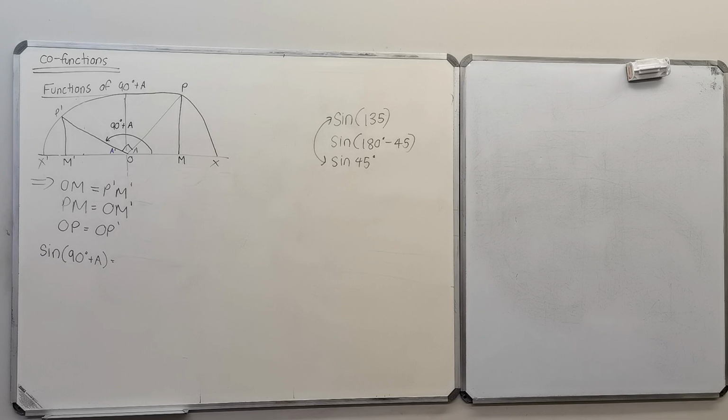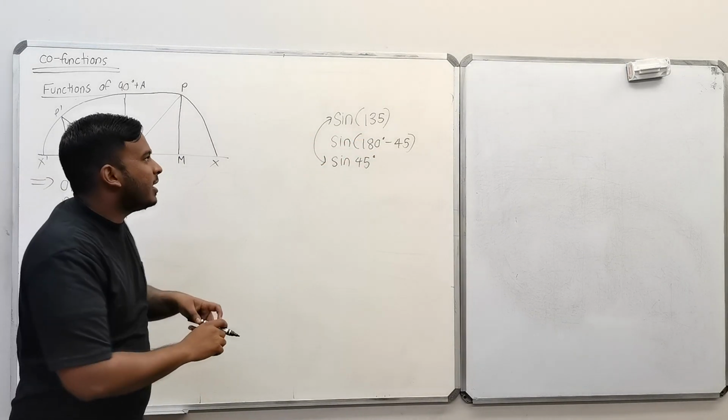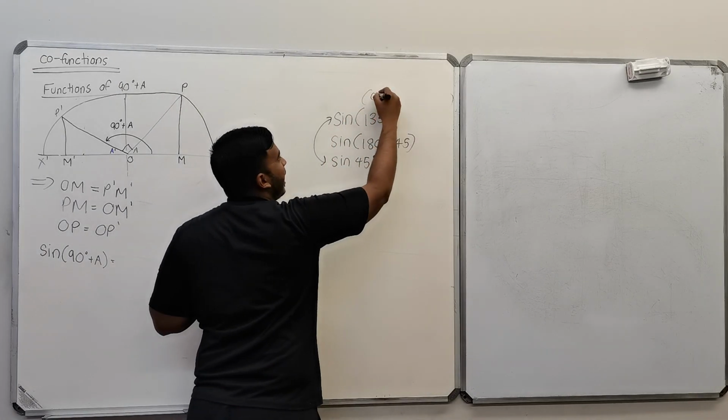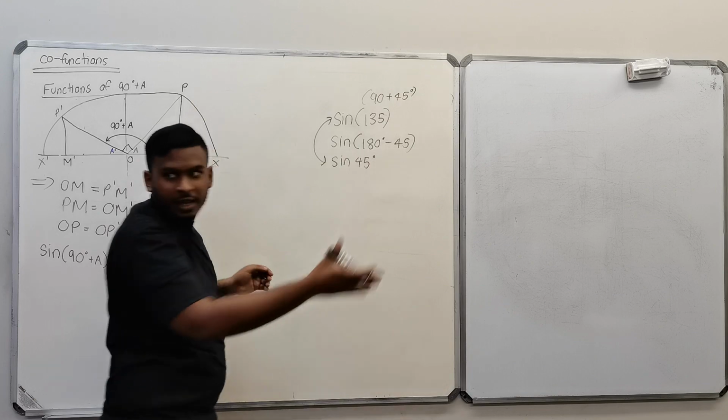Guys, are you with me? It will give you the same answer, right? Because you see over here, basically when we broke down sine 135, we could have said it is sine of 90 plus 45, 90 plus the angle.